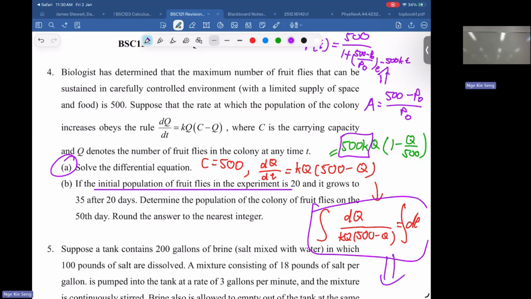After they tell you the two constants, only then can you figure out the population at different times. Make sense? So for part 4a, we can't have P naught yet. So just leave your answer in terms of P naught, K, and t.